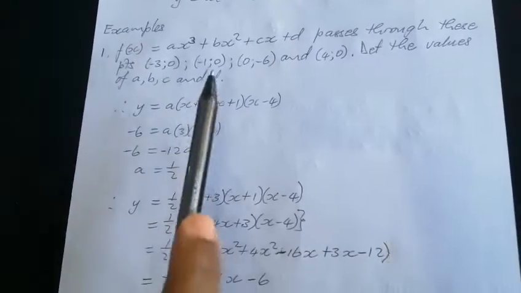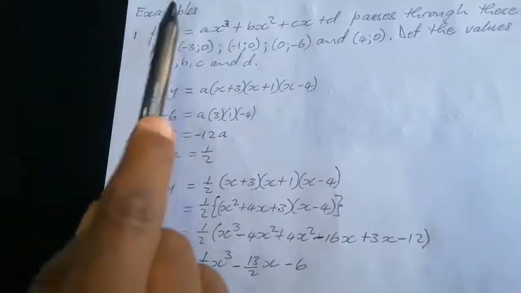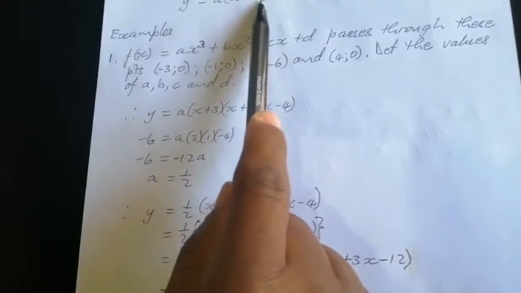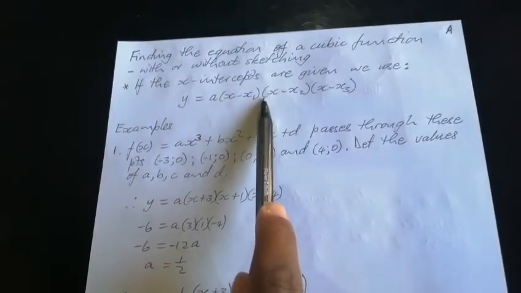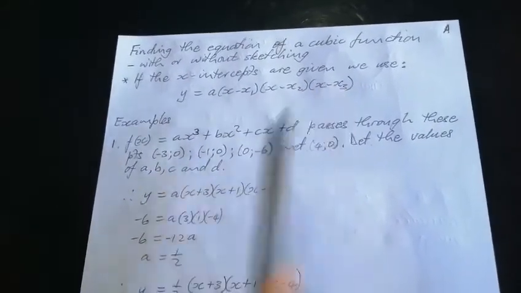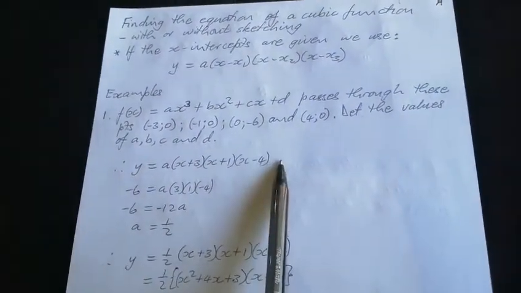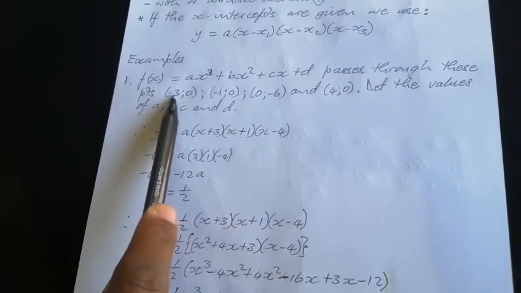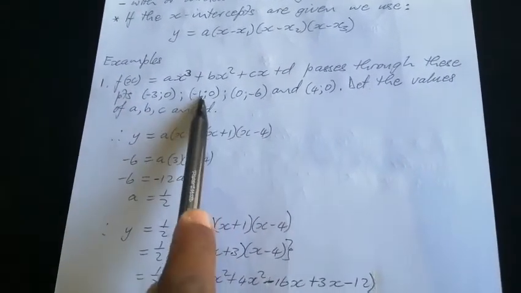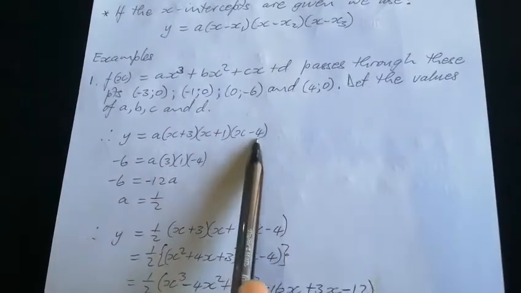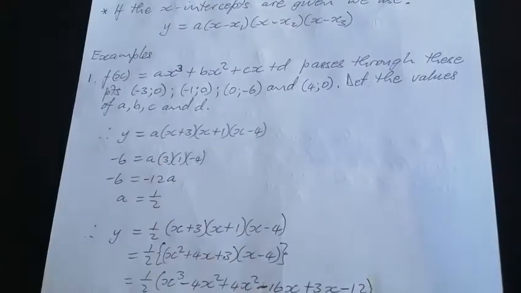To do that, as I said originally, we are going to use y is equal to a into x minus x1 into x minus x2 into x minus x3. So we write that, but substituting: because there was a minus, minus it becomes a plus, minus, minus it becomes a plus, then minus it becomes minus 4.